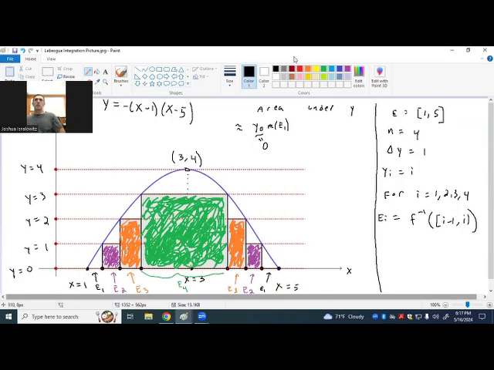All right, so now let me go to purple. What I'm going to write here is the purple area: it's Y1 times the measure of E2. What I'm going to write is the orange area, Y2 times the measure of E3.